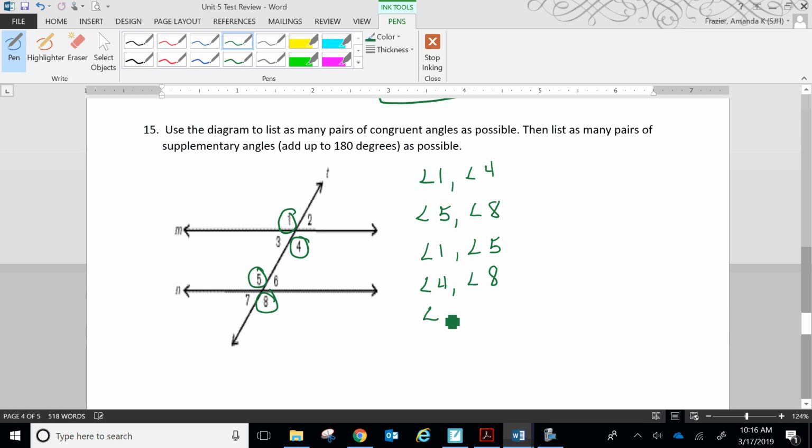I know angle 1 and angle 8 are congruent. And I know angle 4 and angle 5 are congruent. So these are all congruent angles. But we have some more congruent angles, so switching colors. I know angle 2 and angle 3 are congruent.